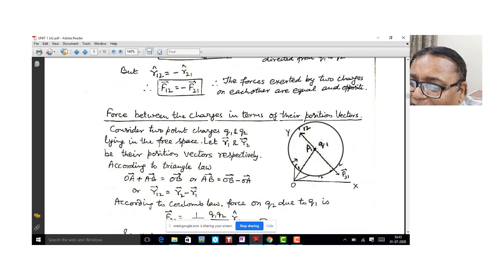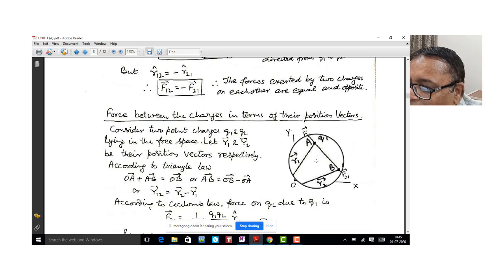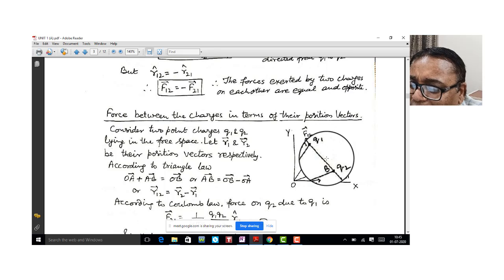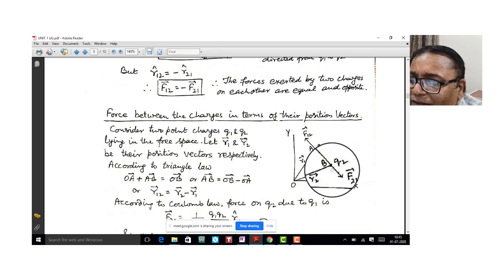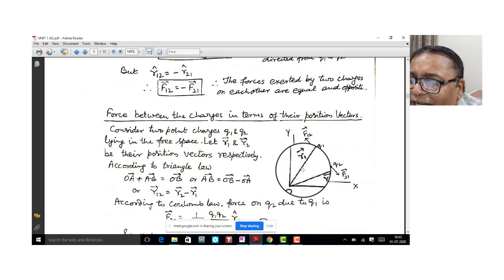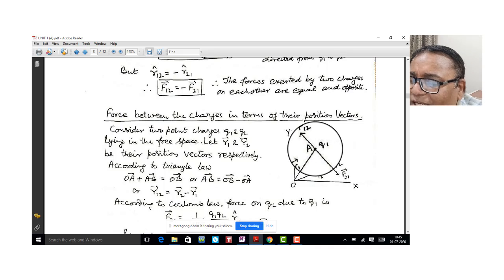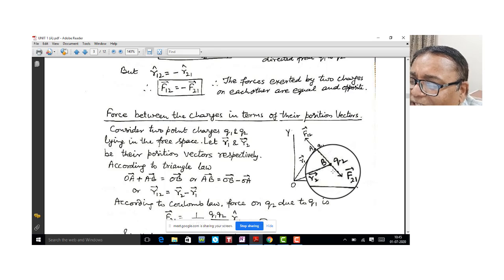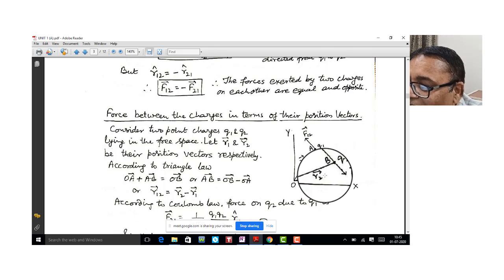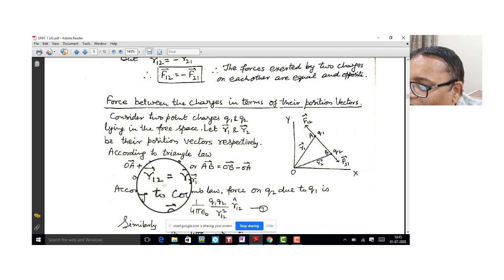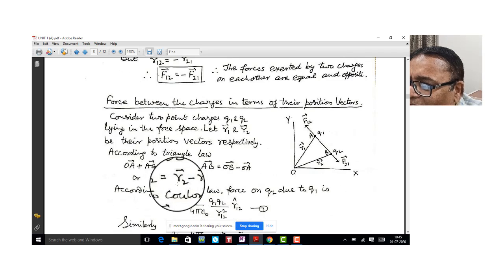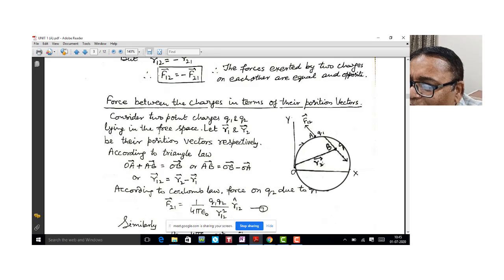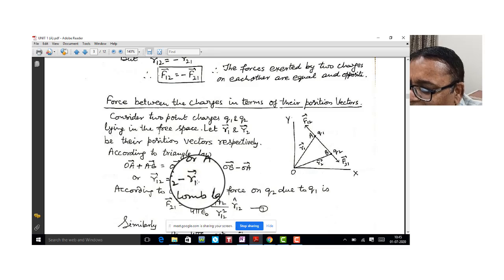Simple, apply the triangle law of vector addition. Then OA plus AB is equal to OB. If two vectors are acting in the same direction, then the third side of the triangle represents their resultant in the opposite direction. Therefore, R12 is equal to R2 minus R1, where OB is equal to R2 and OA is equal to R1.